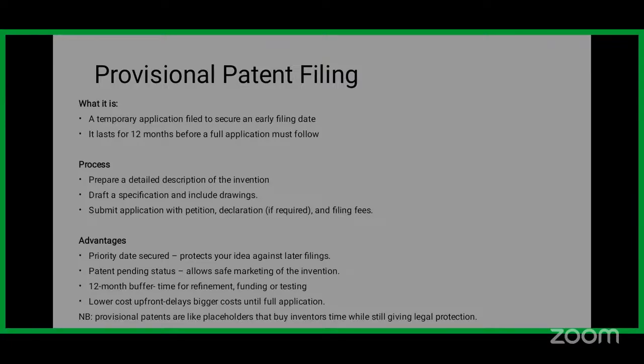Unlike when you file a non-provisional patent application where a substantive examination is done to ensure that your invention is different from that of prior art. But when it comes to a provisional patent application, not much examination is done. Rather, the examination is saved till the day you file the non-provisional patent application.